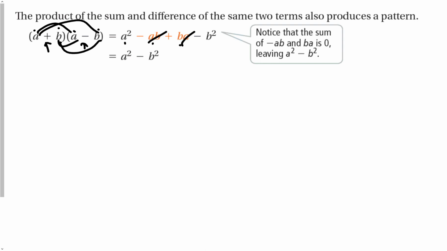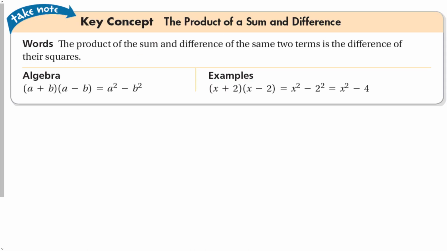So these two are going to cancel when you add them together. So you now get A squared minus B squared when you multiply a sum and a difference of the same two terms. Okay, so the product of a sum and a difference of the same two terms is the difference of their squares. So A plus B times A minus B is A squared minus B squared.